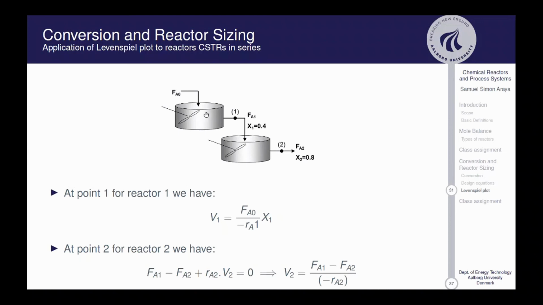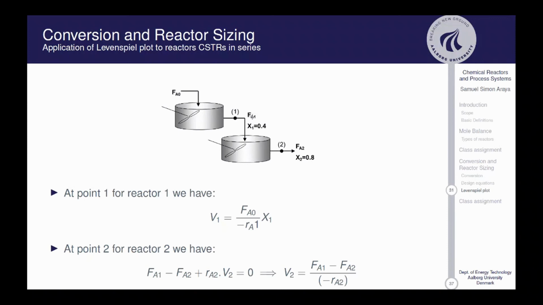Here is an example. If we take our initial molar flow of A fed into our first reactor, then we add another reactor. When we talk about the volume of the second reactor, we will still use the exit of the first one, which will be the feed of the second one, as our FA0, basically.